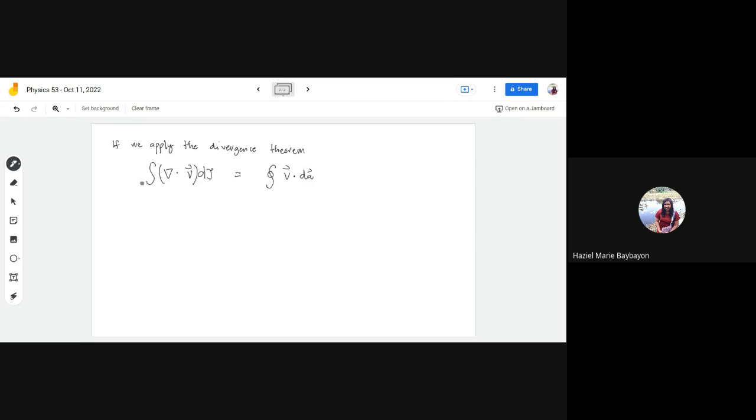Okay, so this is the divergence theorem. Now, if we calculate it, the left-hand side would give us 4 pi, and the right-hand side will give us 0. So they're not equal. So from the divergence theorem also, we can say that there is a discrepancy between the left-hand side and the right-hand side of the divergence theorem.